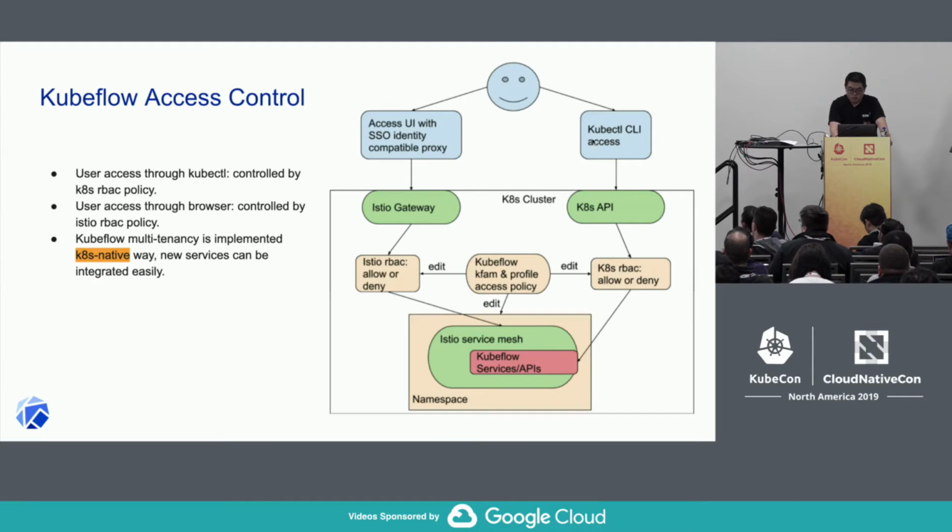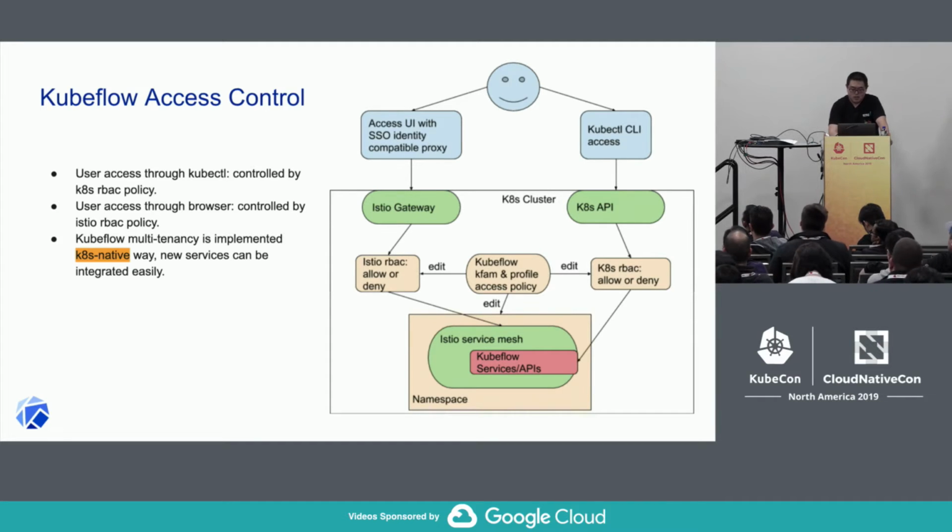For example, when you make a kubectl request, the request goes directly to the Kubernetes master proxy IP address. And when you make a request through browsers, that request goes through the shared ingress. They are actually different paths.